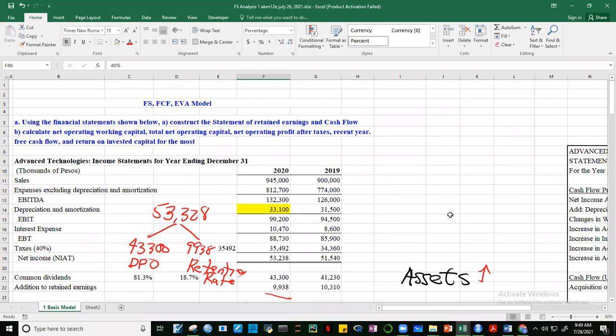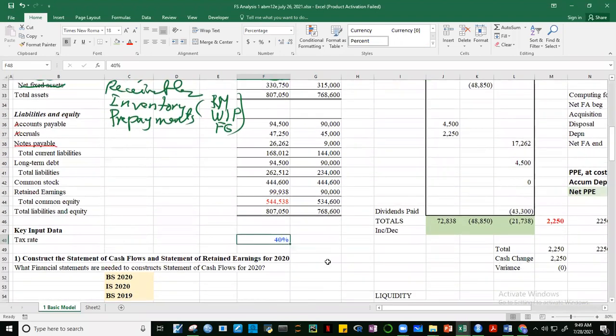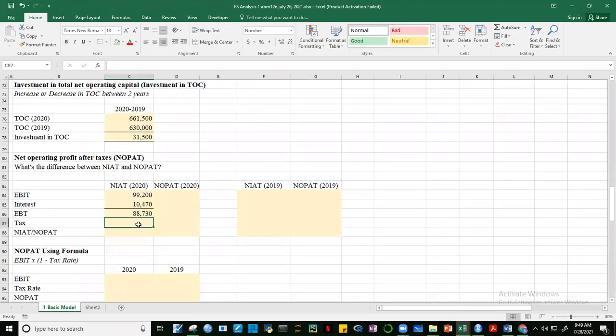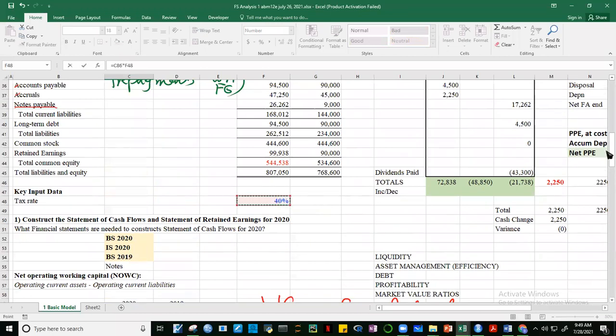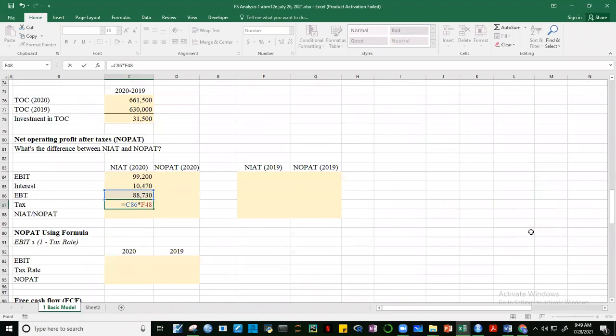For example, for this one, is equal to this one times, ililink ko siya dito. Yan, F48. Okay, but if that's an absolute, maybe it's a good idea to give that a name.